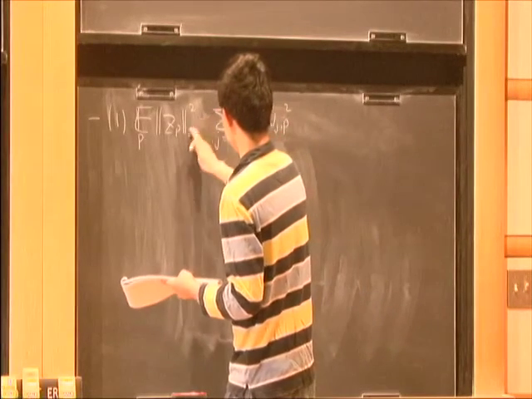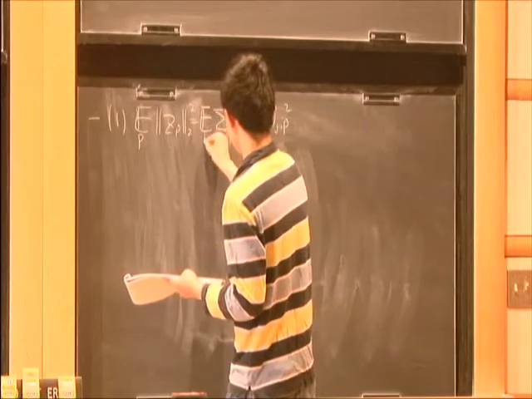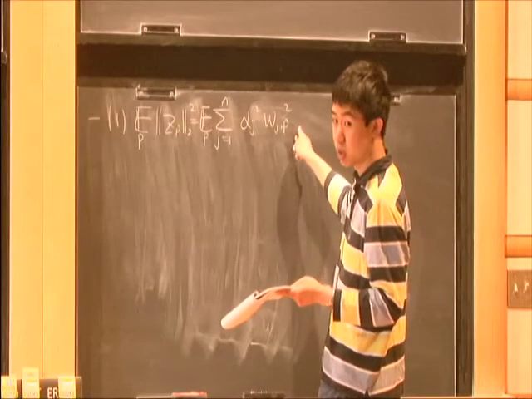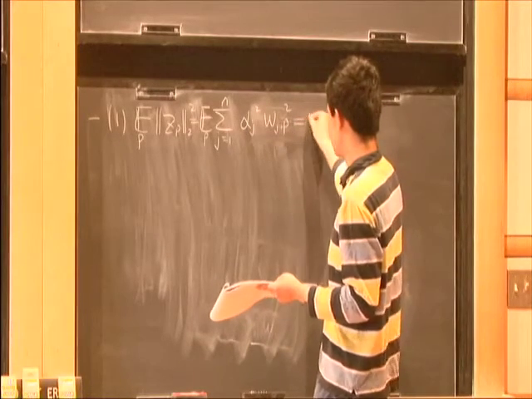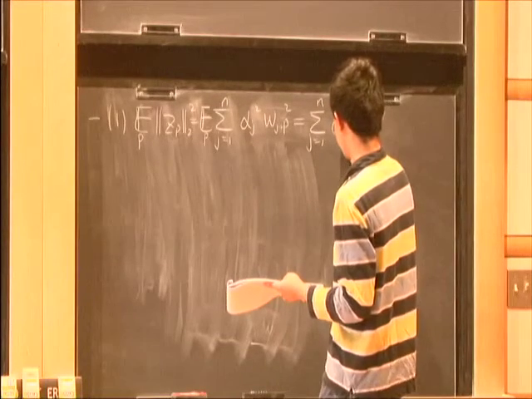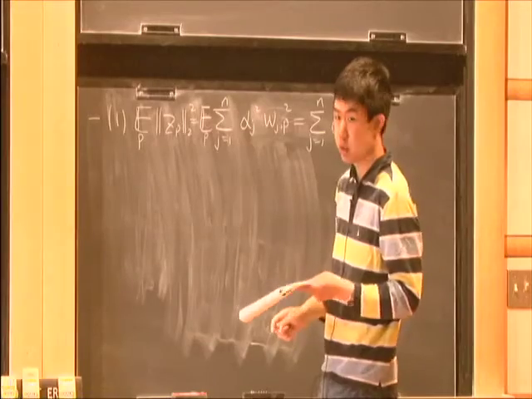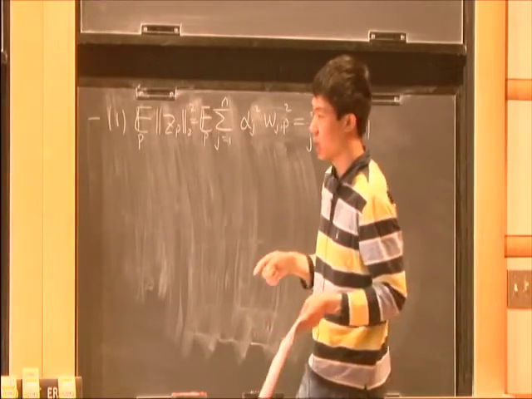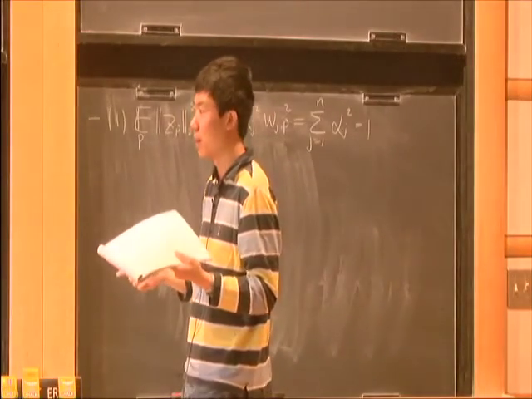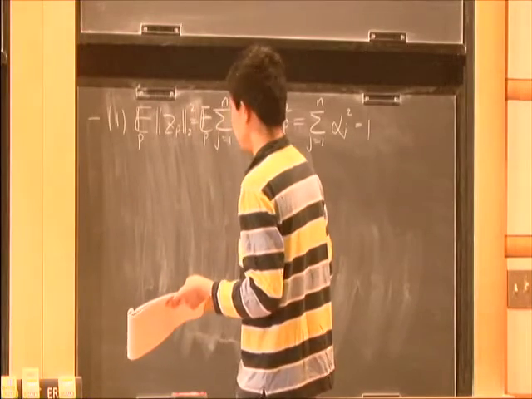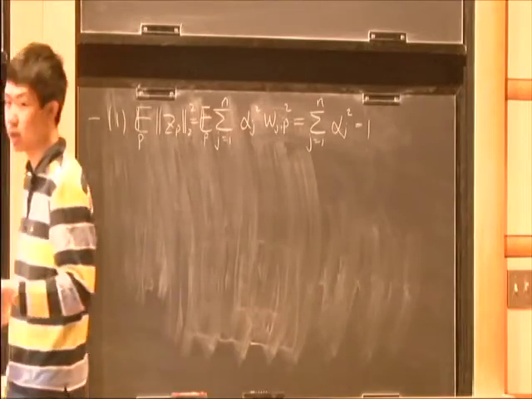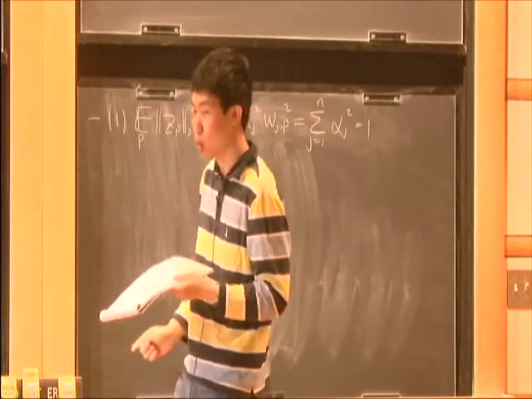Sorry, this is expectation over p. So you see expectation over p, the norm squared is 1. So this is just sum of alpha j squared, and it's 1. So these alpha j squared, they are actually like the weights for the eigenvectors. These terms will all disappear after we take the expectation over p.